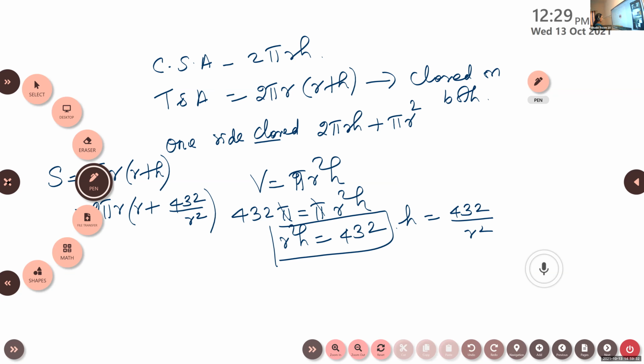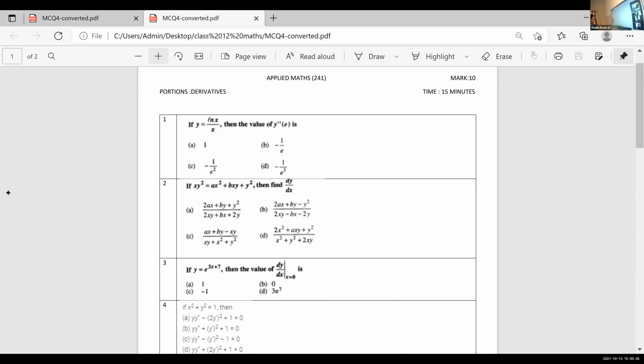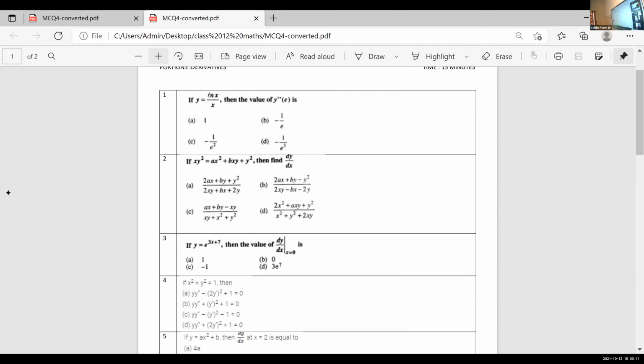Applied Maths, your subject code is 241. Ten questions are there. If you finish it, you take the photo and send it. Go through it.